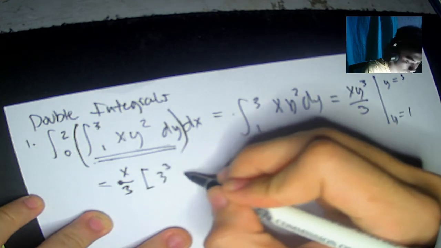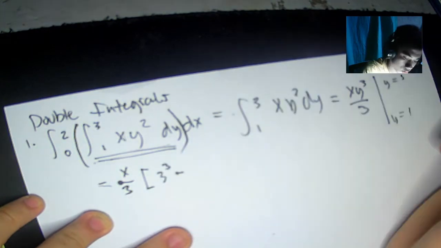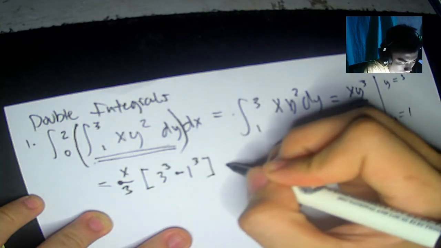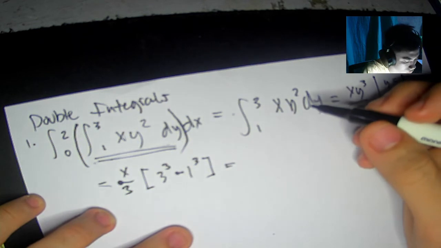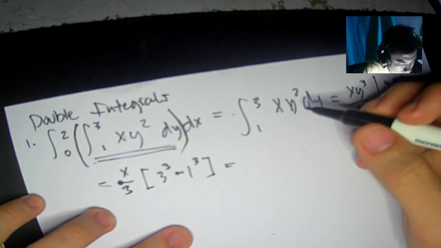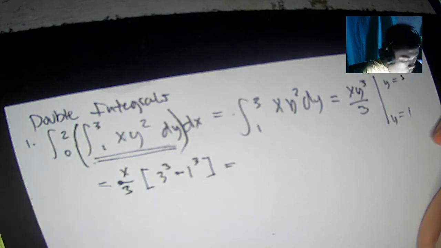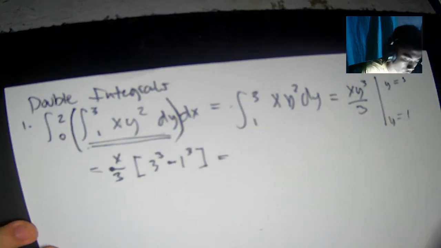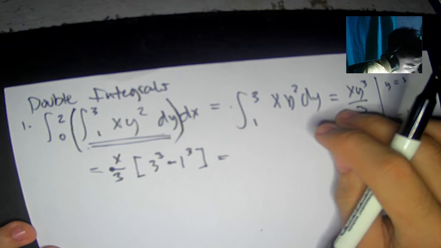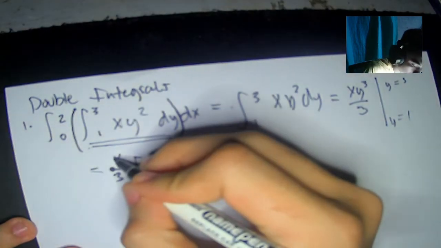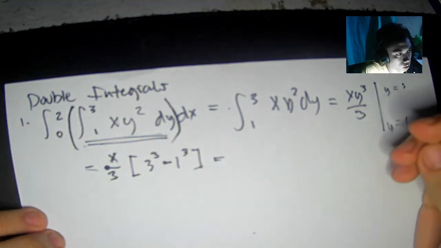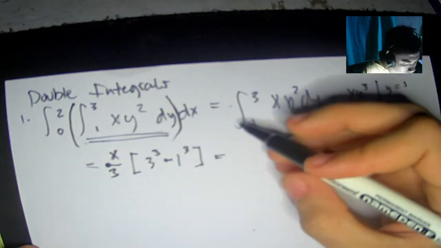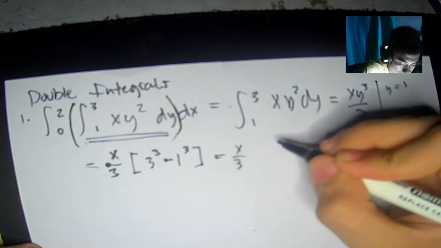3 cubed minus 1 cubed. So what do we have? Oh, I'm sorry. We'll have x here because we're integrating with respect to y. So negative 1, it's still x over 3.